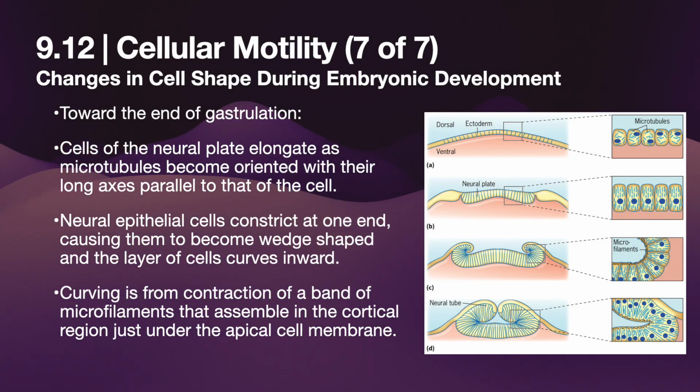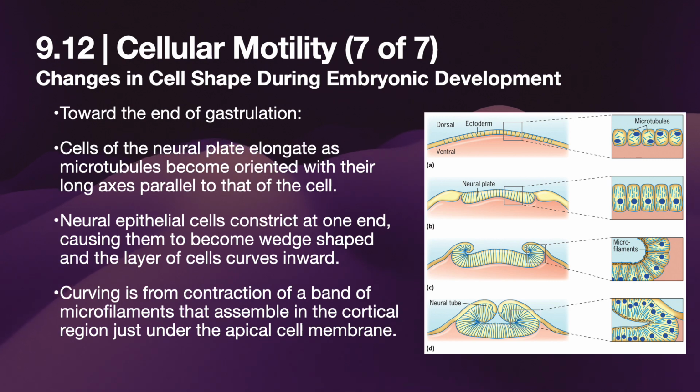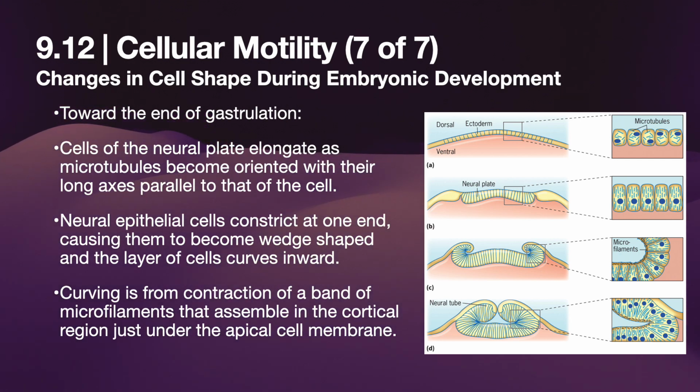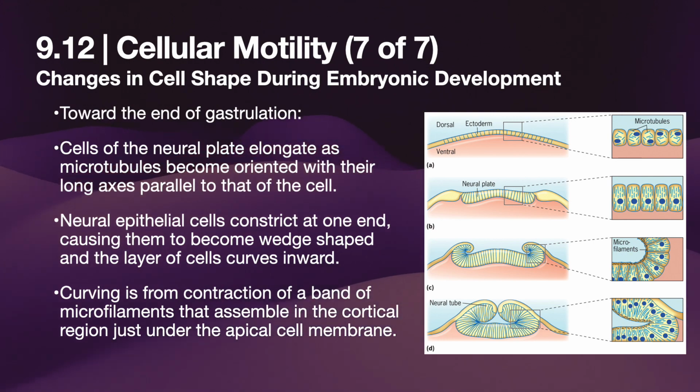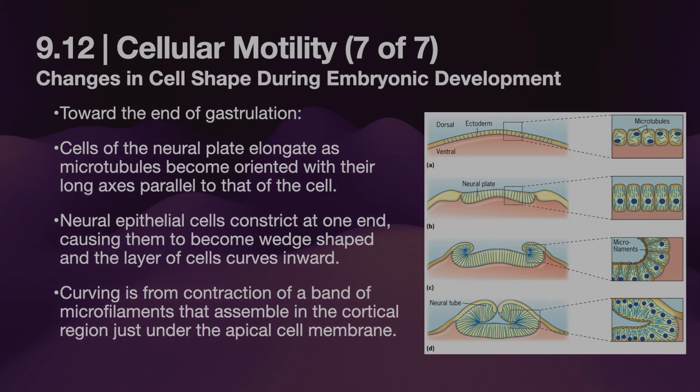Towards the end of gastrulation, cells of the neural plate elongate as the microtubules become oriented with their long axis parallel to that of the cell. Neural epithelial cells constrict at one end, causing them to become wedge-shaped, and the layer of cells curves inward. Curving is from contraction of a band of microfilaments that assemble in the cortical region just under the apical cell membrane.